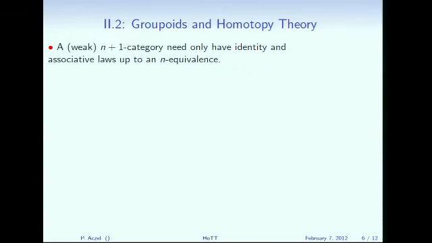In a category, you have associative laws up to equality. There's a weak notion, where you weaken the notion of category in the higher dimensions, where you don't require the identity and the associative laws that you usually have in a category, but you use an appropriate notion of equivalence rather than any kind of actual equality.